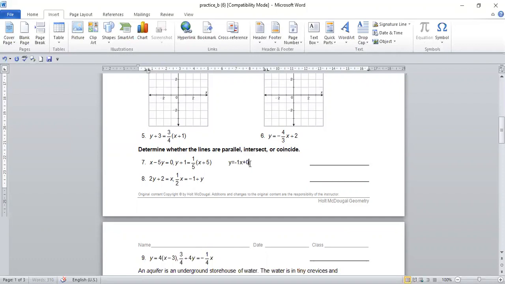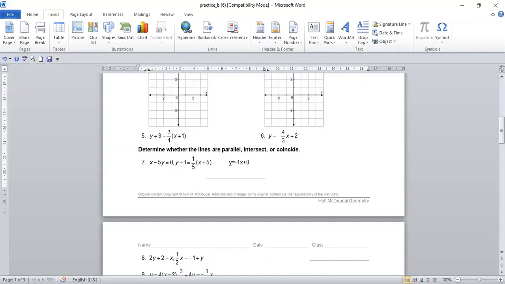So down in this part, it's going to be negative 1 over 5. If you divide negative 1 by 5, leave the slope like that, and 0 divided by negative 5 is going to give you a 0.